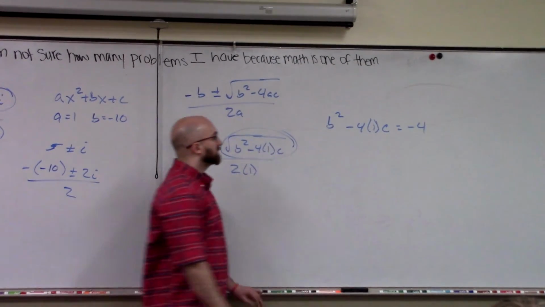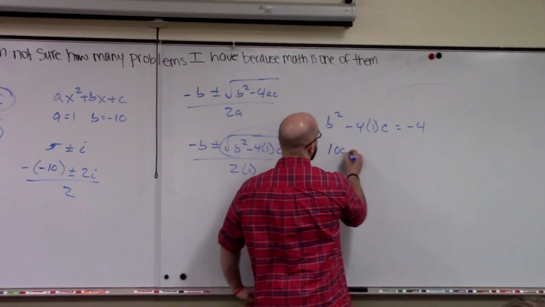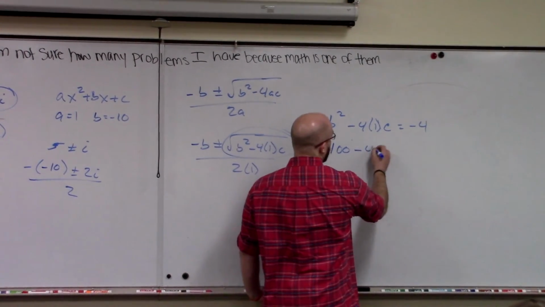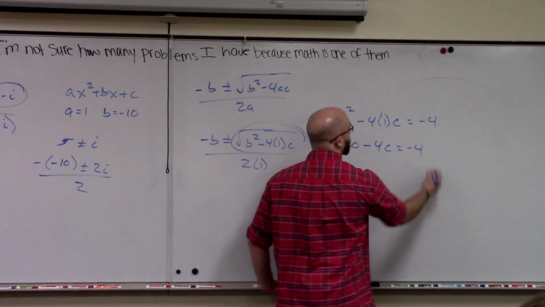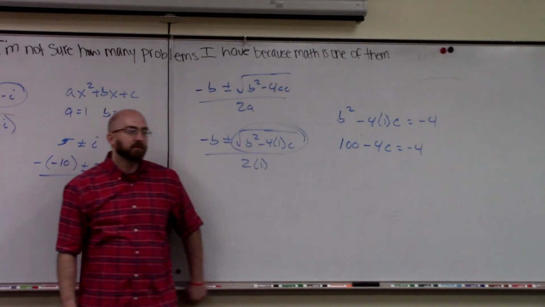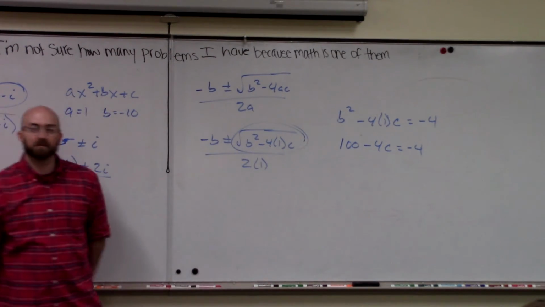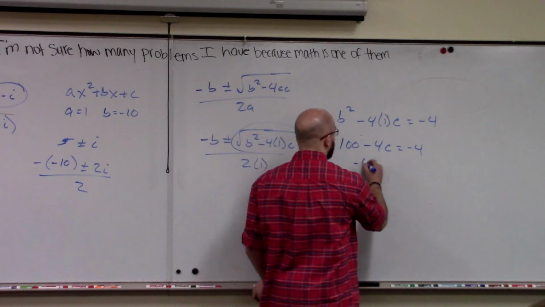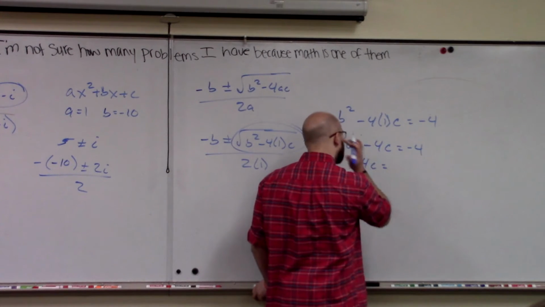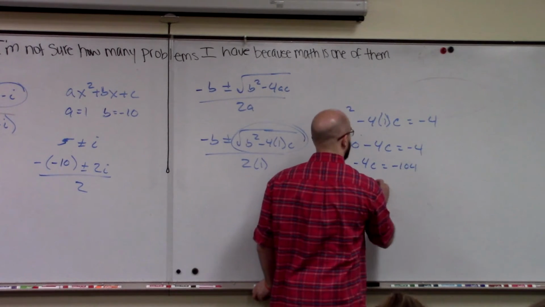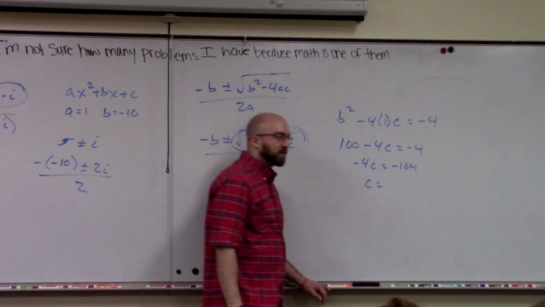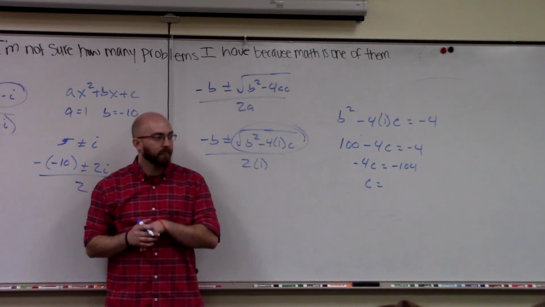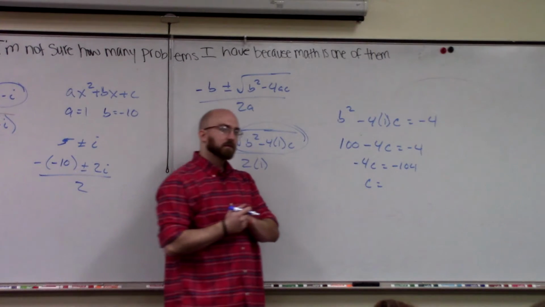I already know what B is. B is -10. So we get 100 minus 4C equals -4. Solve for C. Move the 100 over. -104. What's 104 divided by 4? 26.